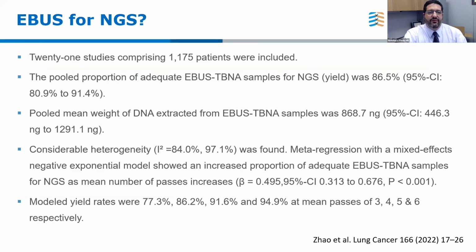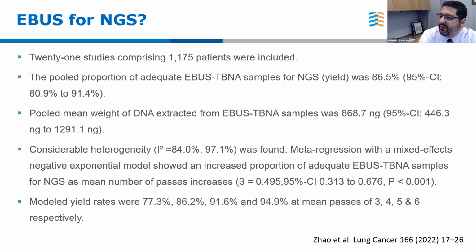So what about EBUS for next generation sequencing? This is a larger pooled analysis, 21 studies. Over 1,000 patients were included. The pooled proportion of adequate samples was 86%.